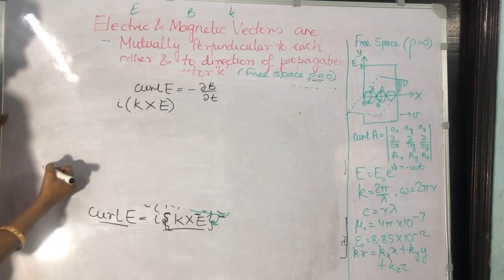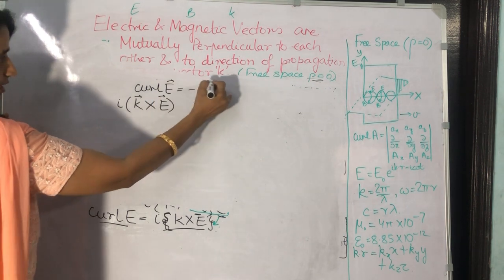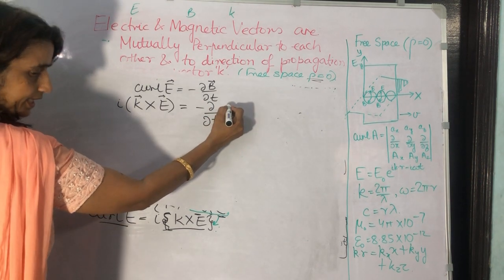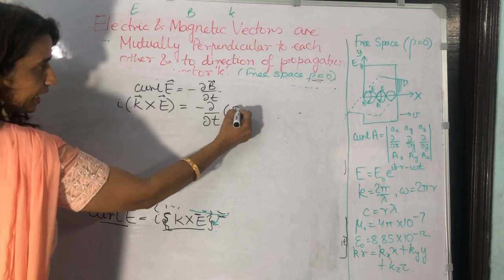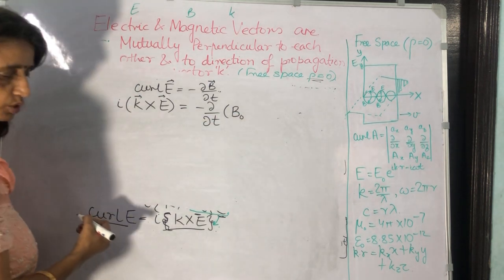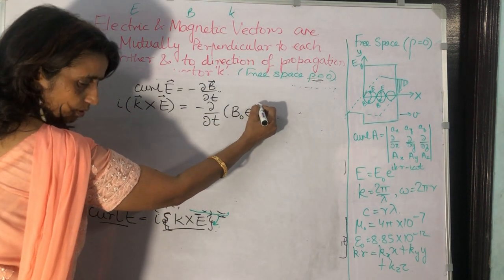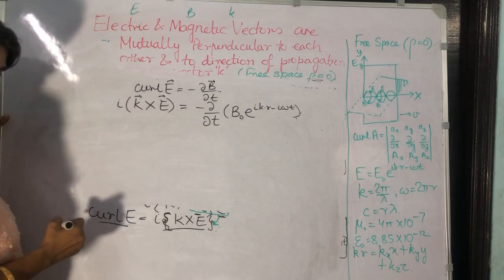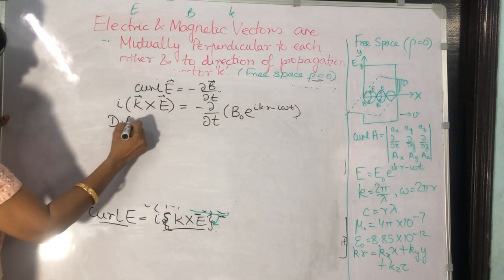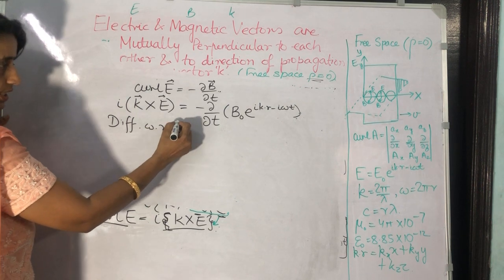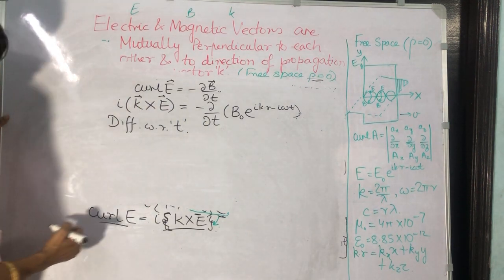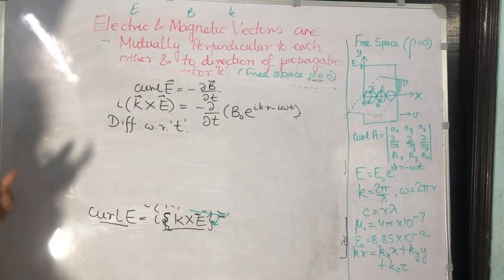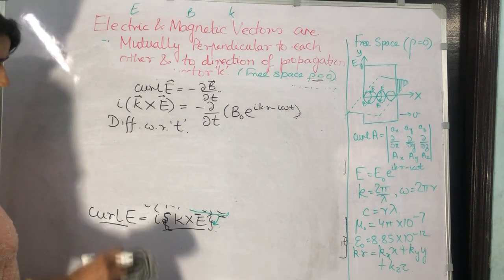So I K cross E, you can put vector symbols, is equal to minus del by del T, and instead of B I can write the value in terms of amplitude also, and my exponential component I K dot R minus I omega T. Now we will differentiate this expression with respect to T on this side, and the formula, here I have given, is d by d theta of e to the power of I theta is I e to the power of I theta.